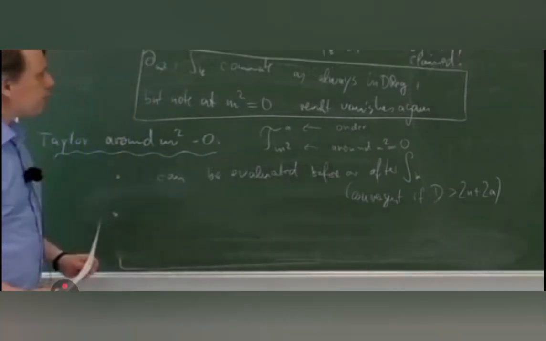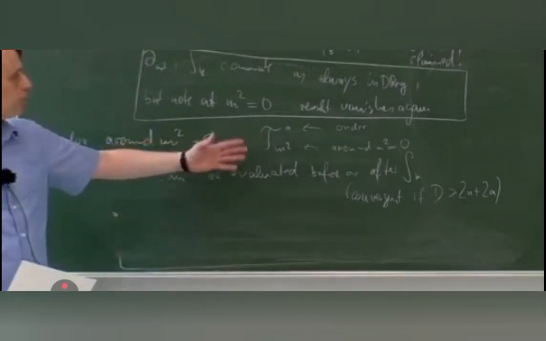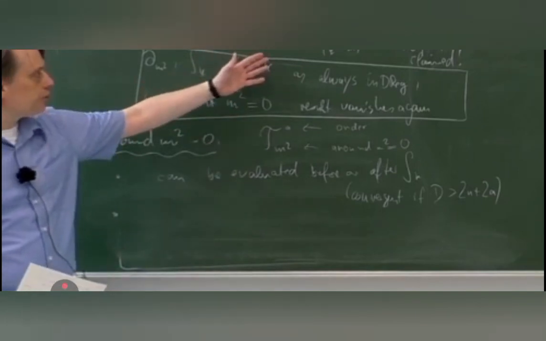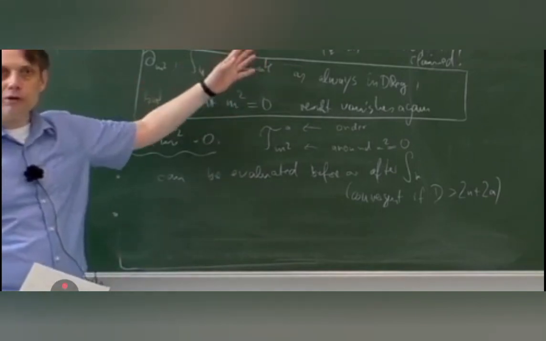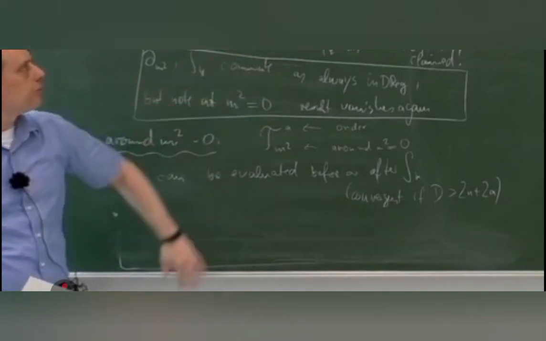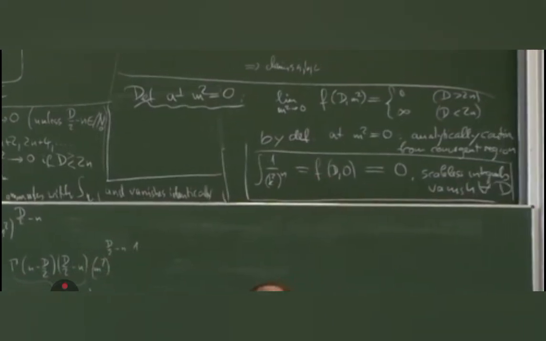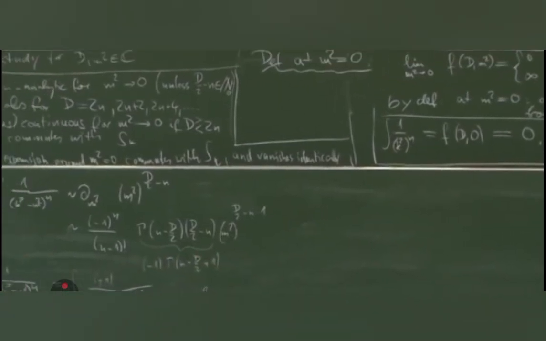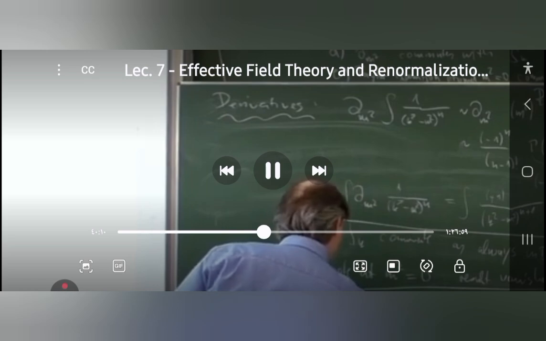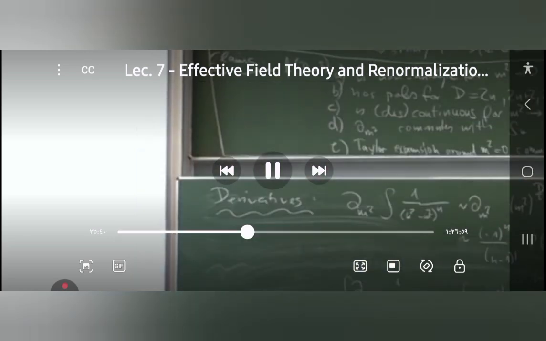And regardless of this, the result is 0 because after taking the derivative and setting m to 0, we have scaleless integrals which vanish. If you want details, the details are exactly like here. We would set the result to 0 by hand by analytically continuing from the convergent region to the region that we actually want.